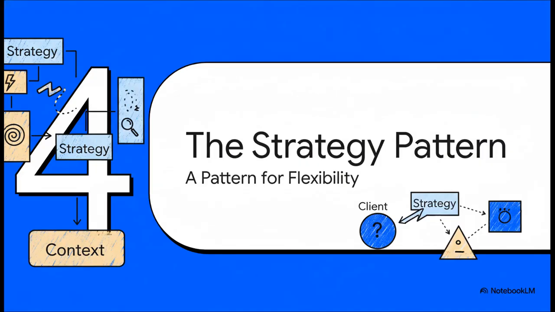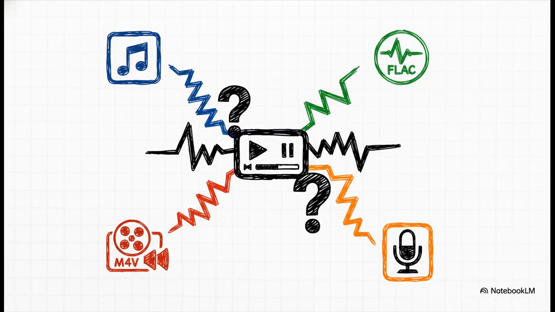Okay, enough theory. How does any of this stuff actually help us write better code? Let's look at a really classic example called the strategy pattern. It's like the perfect showcase for polymorphism out in the wild. So, picture this. We're building an audio player, but it needs to play all sorts of different files, right? MP3s, M4Vs, FLACs. The problem is, each of those formats needs a completely different algorithm to actually decode it.